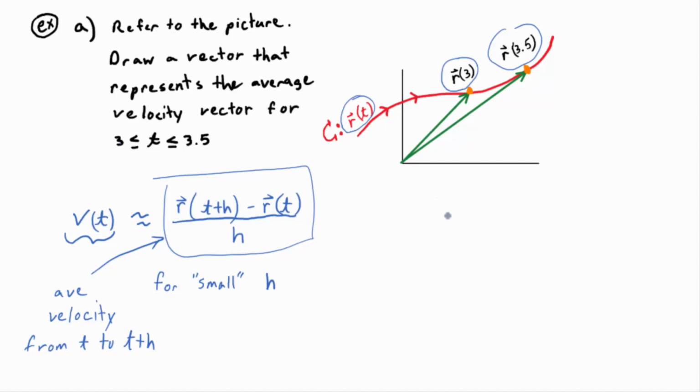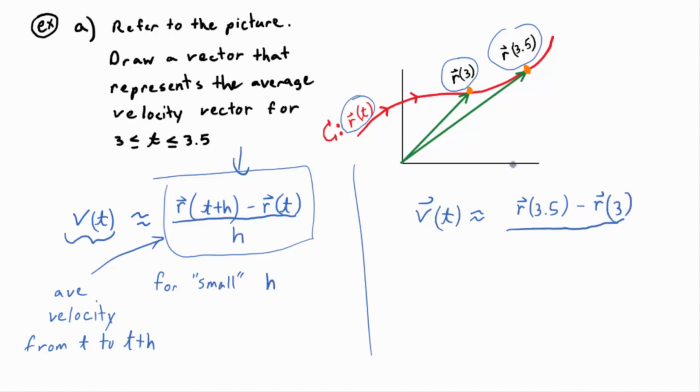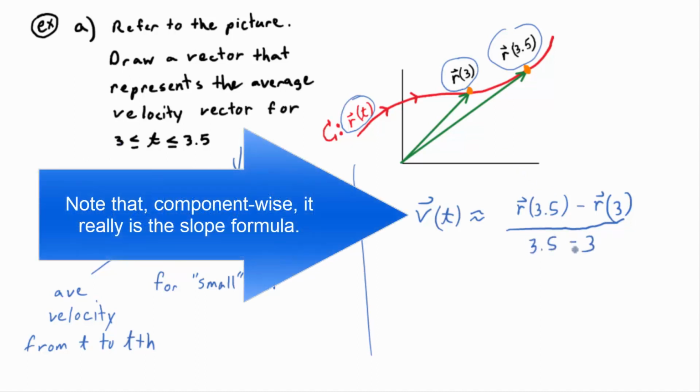You put on top then, and I'll relate it to this vector difference quotient in a second, but think of the slope formula for now. You take the difference between the output values, r of 3.5 minus r of 3, over the difference between the input values, 3.5 and 3. Doesn't that remind you of the slope formula?